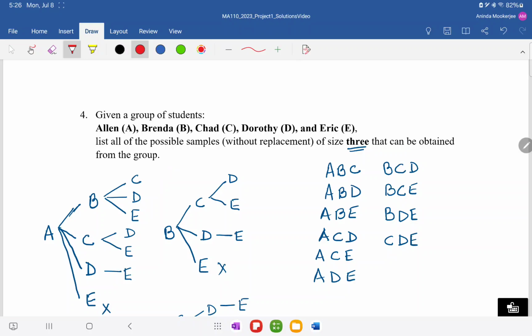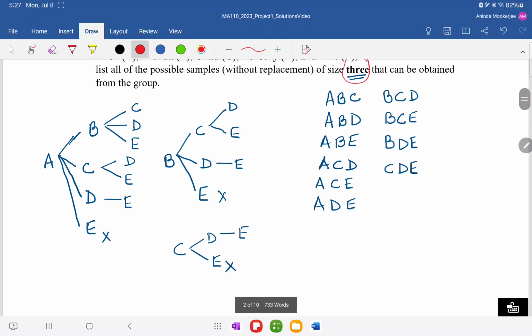So we have to list all unique combinations, all unique samples of size 3 that can be obtained from a population of 1, 2, 3, 4, 5 people. All right, so that's what they are asking us to do, and we have to make sure that all combinations are listed. If you miss one, then it's not going to be correct. It's going to be incorrect. We have to list all possible samples.